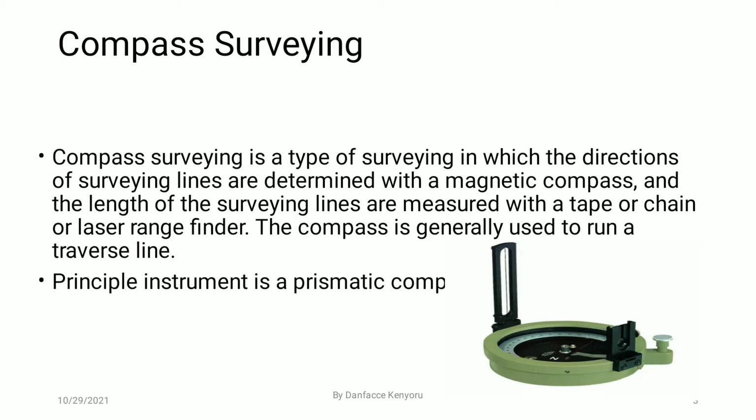The compass is generally used to run a traverse line, that is, to provide the direction of the line with reference to a given known point. The principal instrumentation is a prismatic compass and a chain or a tape for distance measurement.